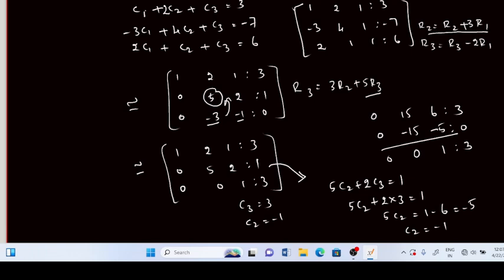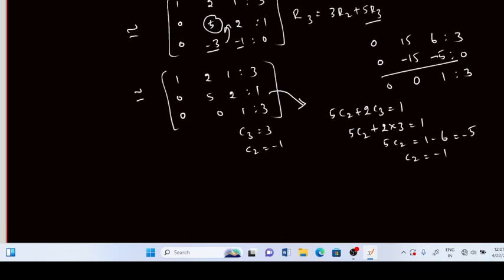Similarly, what is the first equation? C1 plus 2 times C2 plus C3 equals 3.